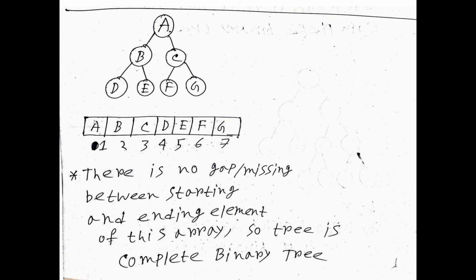No, all elements are present. After the 7 there may be a gap. Yes, it is a complete binary tree, no doubt. The rule says that if there is no gap between the starting index element and the ending index element, it is a complete binary tree. So yes, it is a complete binary tree.